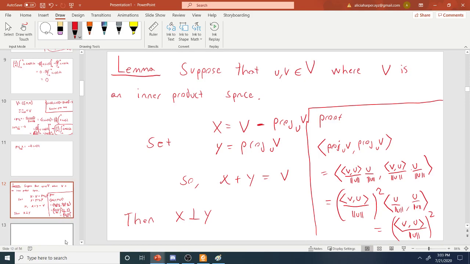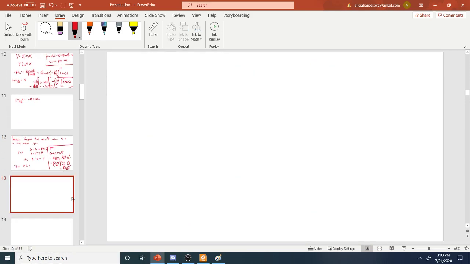So now what we're going to do is look at the inner product of x with y. This is the same thing as the inner product of v minus proj of v onto u with proj of v onto u.